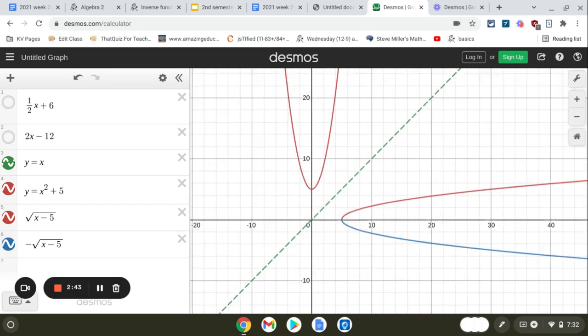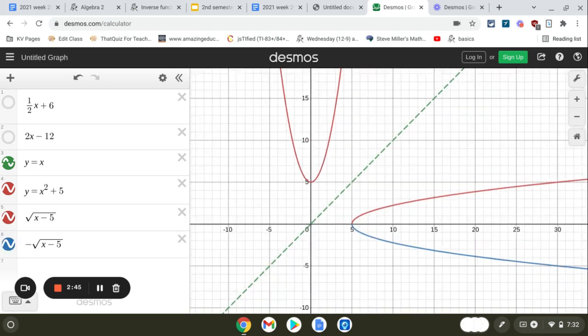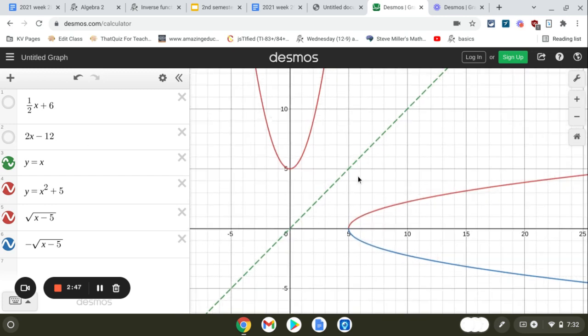So you got the reflection. Hopefully you can see that. And again, point by point, they are being reflected along this green line here. So here we've got 2, 9. That means on the inverse, you're going to see 9, 2 somewhere. Yeah, right there, 9, 2.